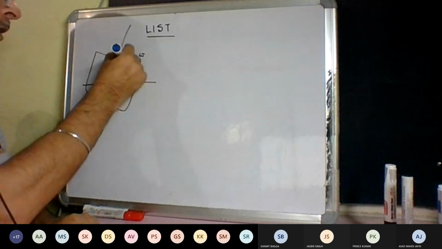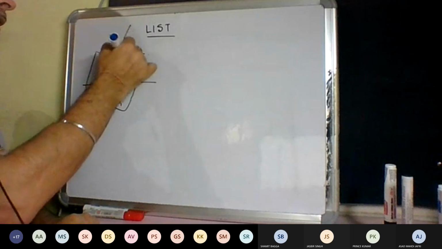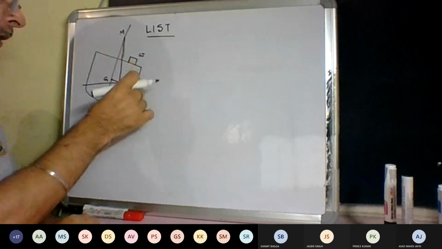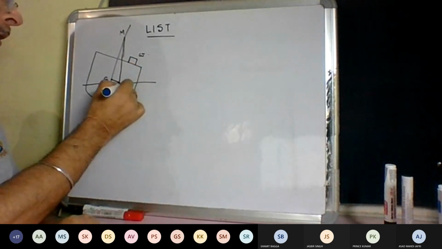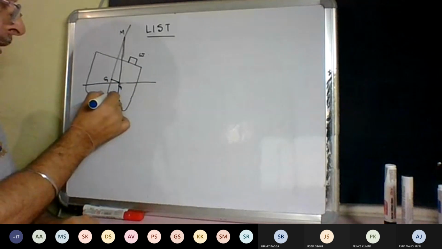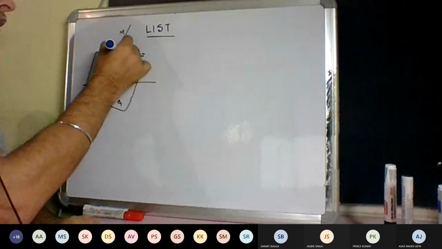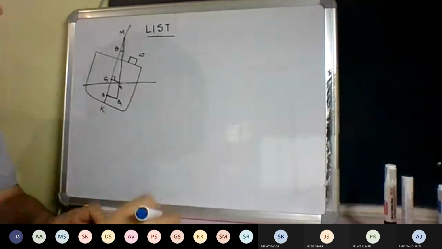And now the vertical goes upward through the vessel, through the G1 and B1. And therefore, this becomes theta. Mind you, GG1 is perpendicular to the original upright line.